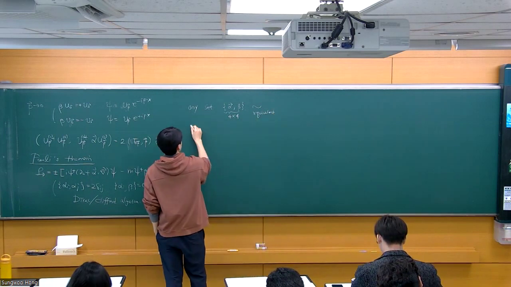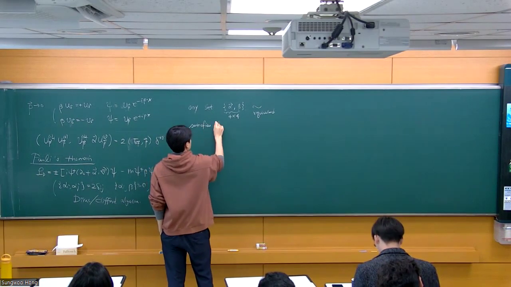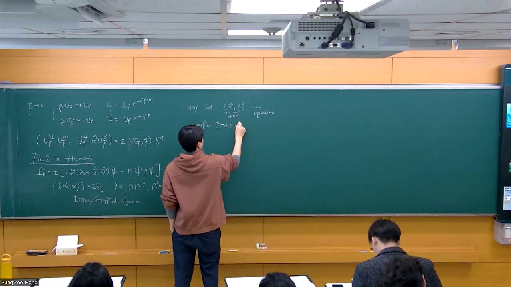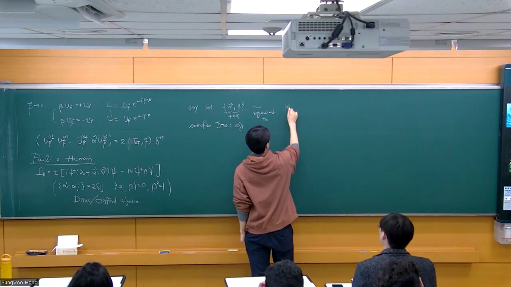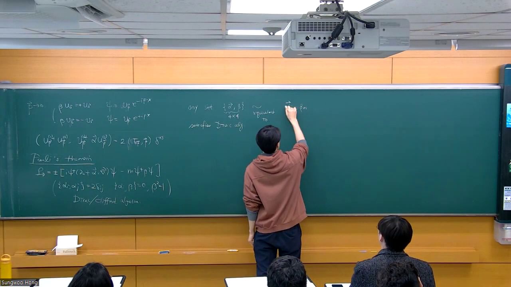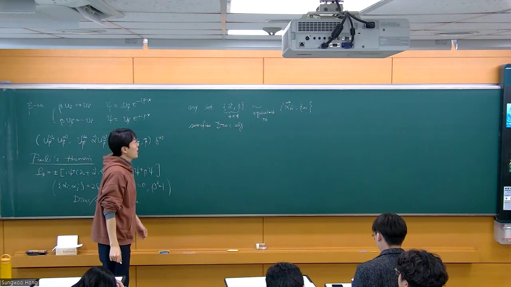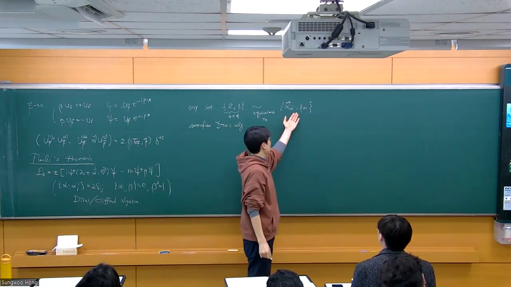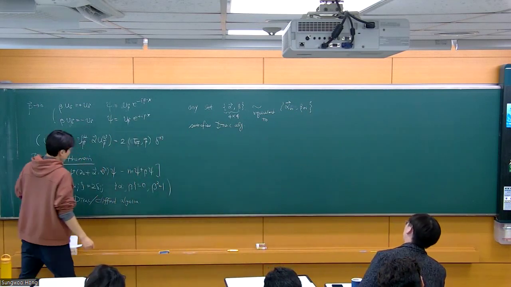So any set that satisfies the Dirac algebra is equivalent to the Weyl representation, if you like. Not that the Weyl representation is so special, but the reason we picked this particular Weyl representation was that's how we decided to write the Dirac equation.